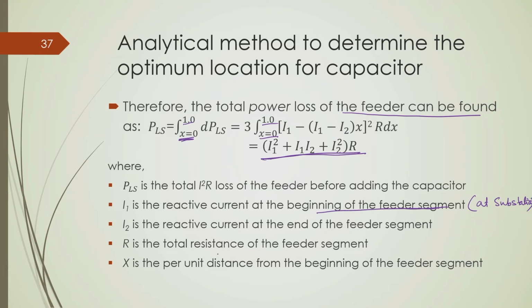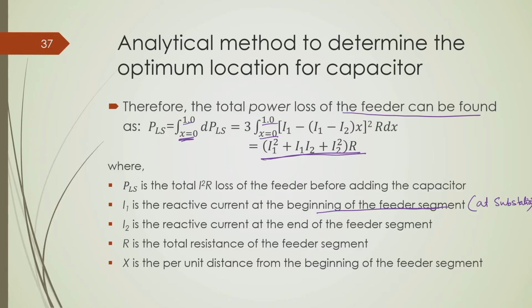Similarly, I 2 is the out of phase component, or reactive component, or you can call it the quadrature component of the load current at the end of the feeder segment. And R is the resistance of the feeder segment, and X is the reactance. Okay. X is not applicable of course here.